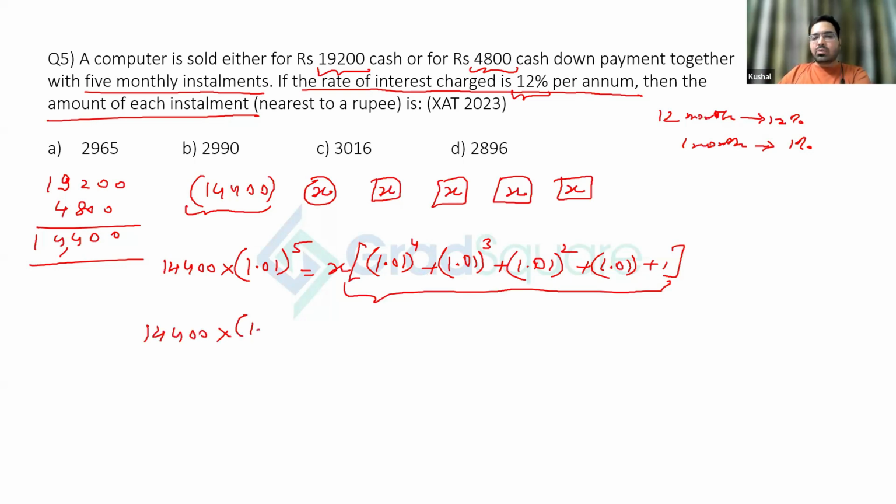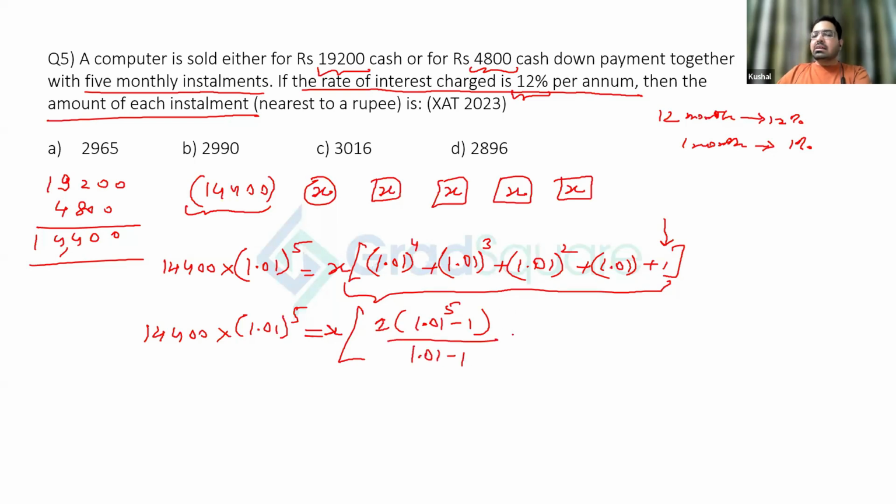So 14,400 into 1.01 to the power of 5 equals x times, take 1 as your first term and the common ratio is 1.01. So a is 1, r to the power of n, 1.01 to the power of 5 minus 1, that is r to the power of n minus 1 by r minus 1.